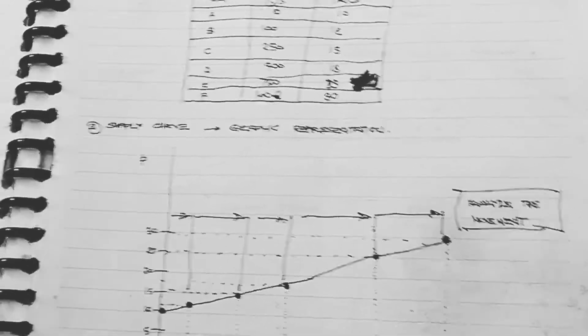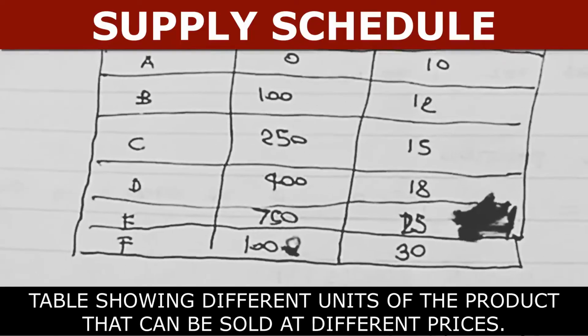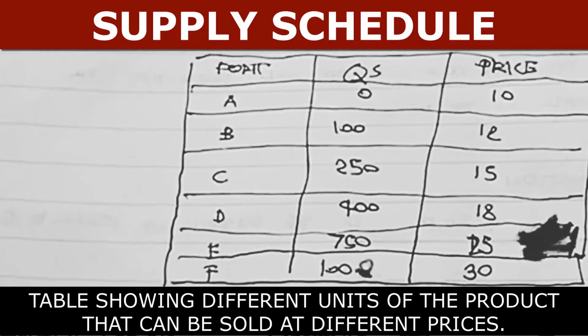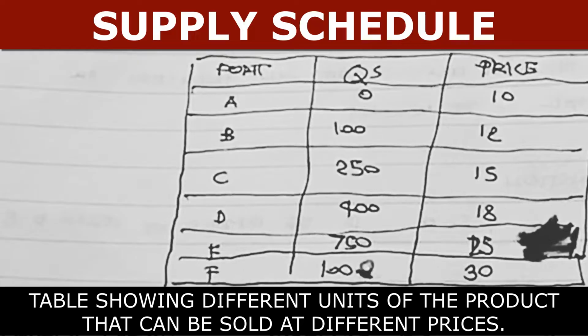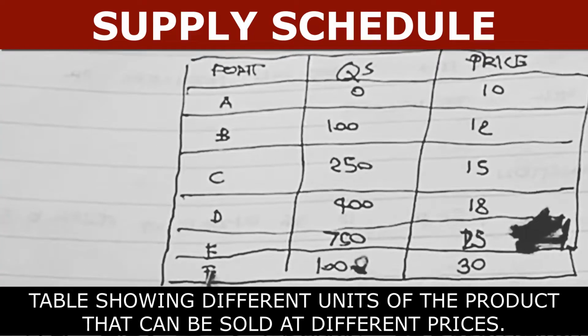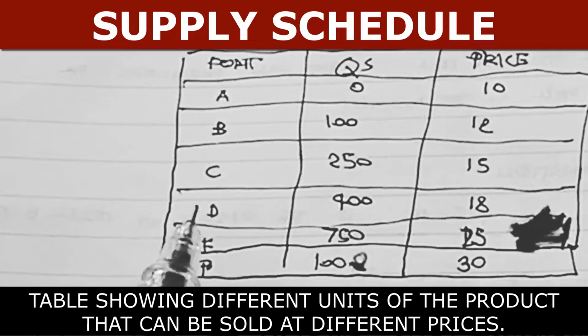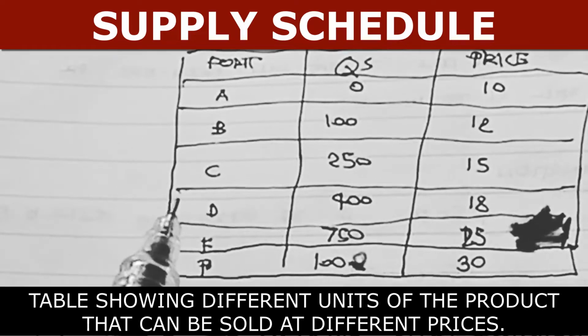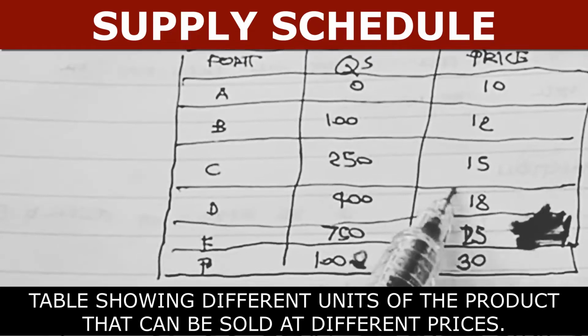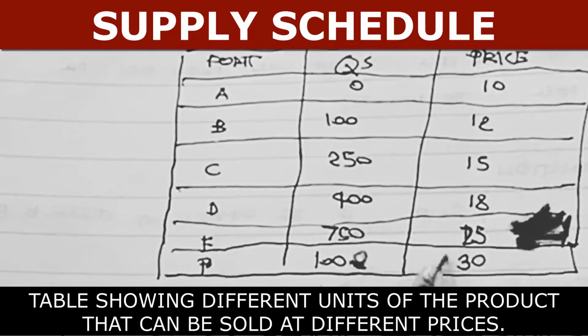Okay, so next, another thing to understand more about supply is what they call the supply schedule. This table that we can see here shows the supply schedule. It shows that supply increases as price continuously increases.